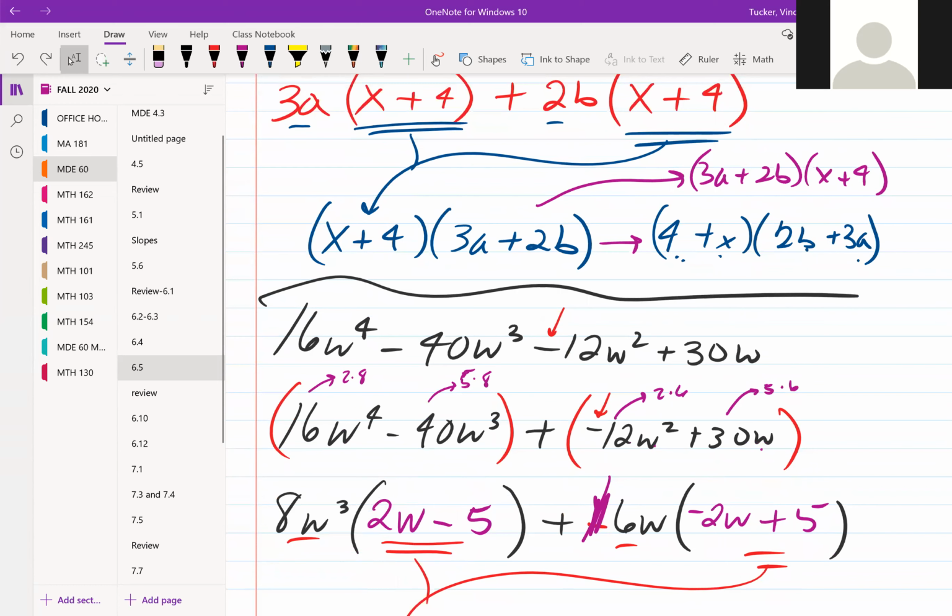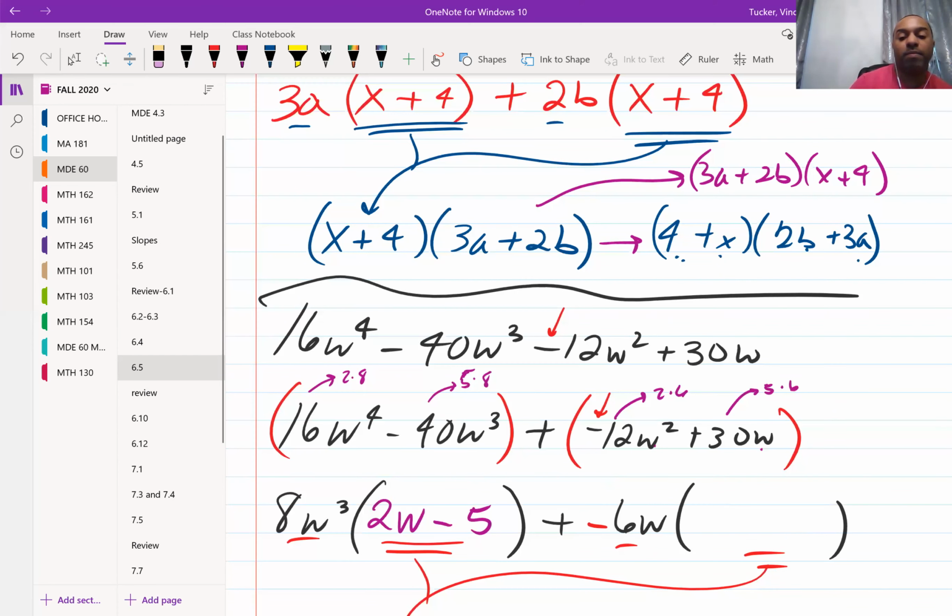Otherwise that would make it wrong, or it stops me from going further. So what I would do is not just factor out 6w, but factor out negative 6w. Because remember when we talked about pulling the negative out before, that changes each one of these signs. So if I pull out negative 6w, now I'm left with 2w minus 5, which is important because that's exactly what I have right here. So that's why we had to pull out the negative 6 instead of just pulling out positive 6.